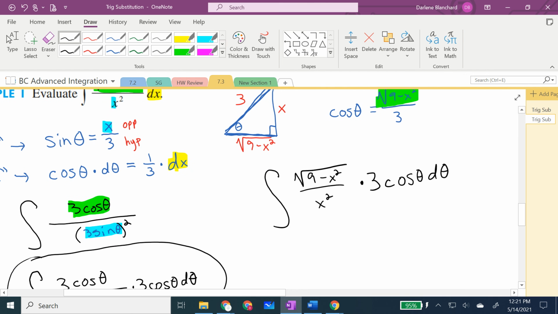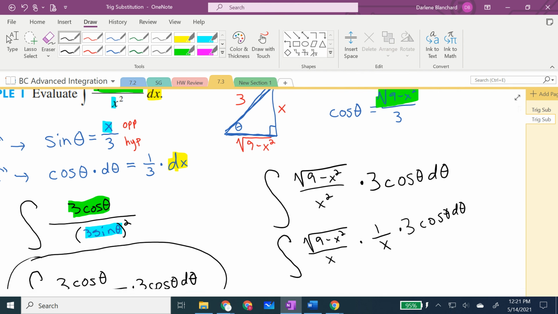If you look at this right triangle, do you see where this is going?